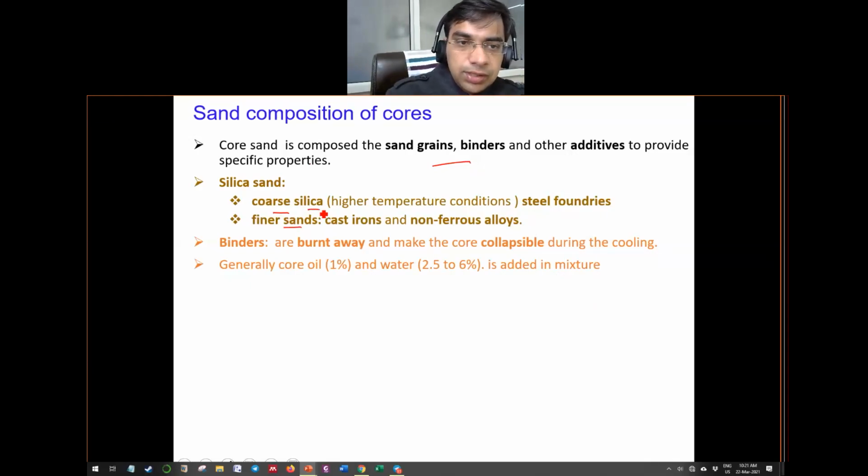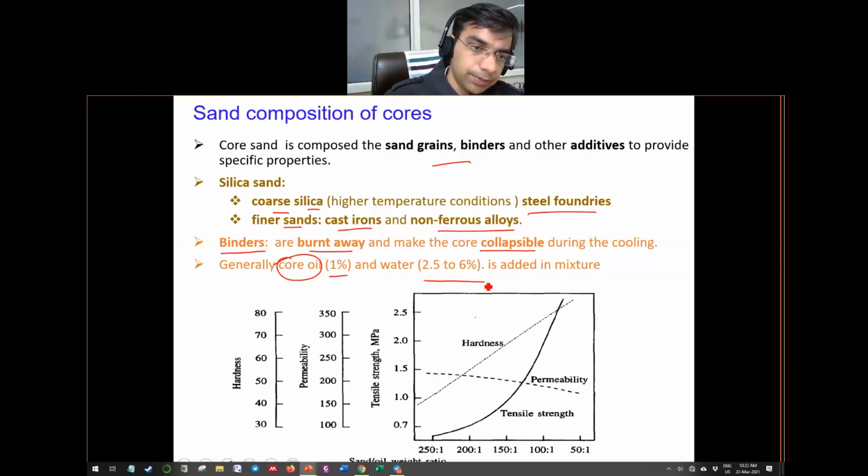So coarse is used in steel foundries, and finer sands are used with cast iron or non-ferrous alloys. So binders which are added, they get burnt away as I explained earlier, thus collapsing the core during cooling. Sometimes some oil may also be used with the core, but it is of very less percentage, say 1%, and water of between 2 to 6% is also added with the core.